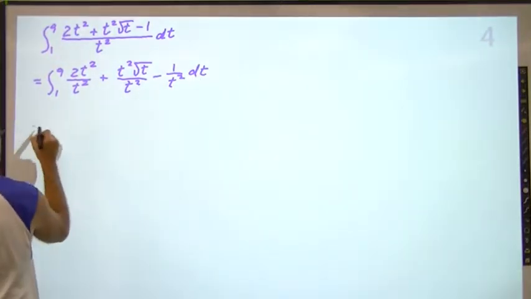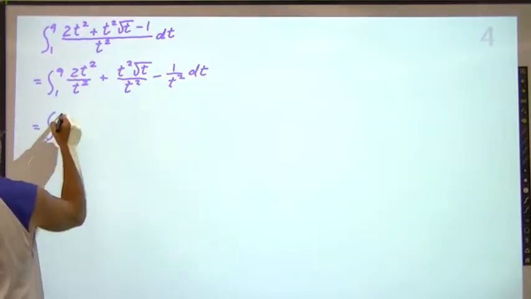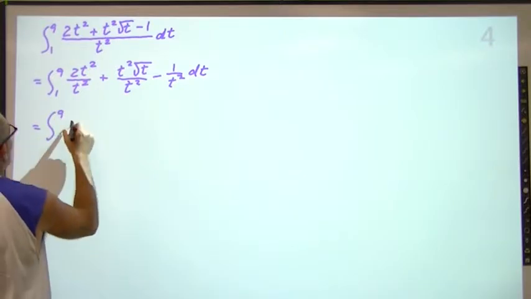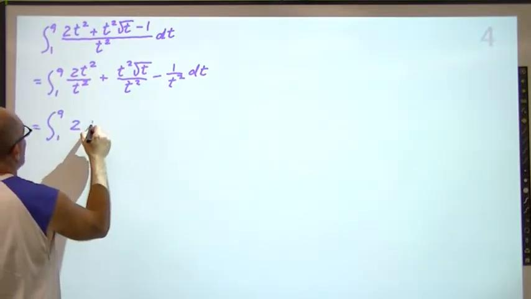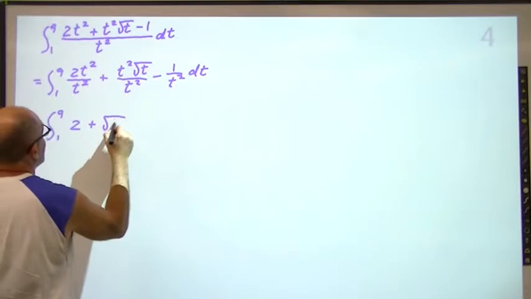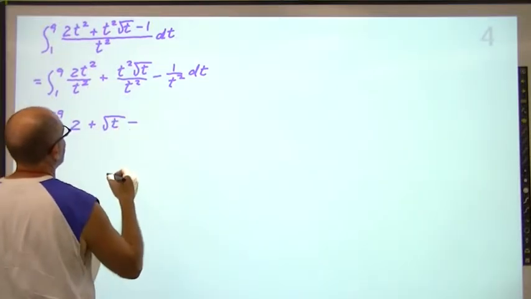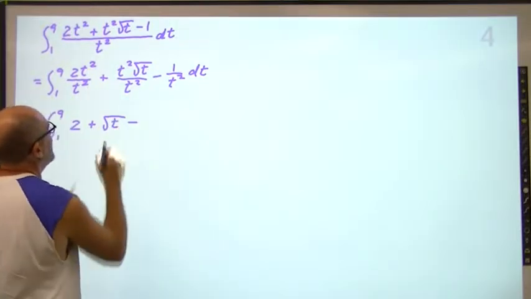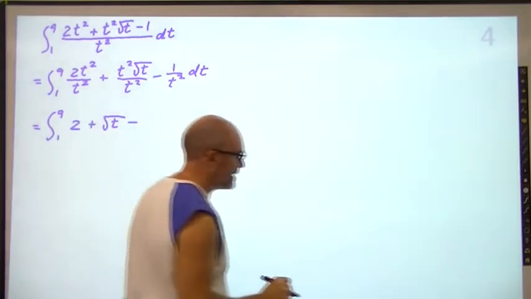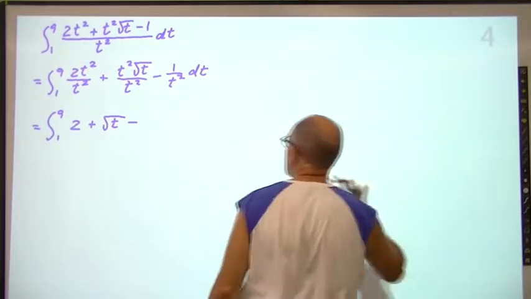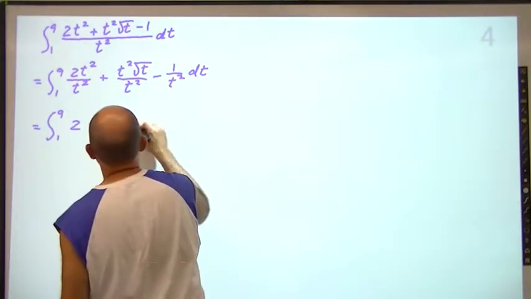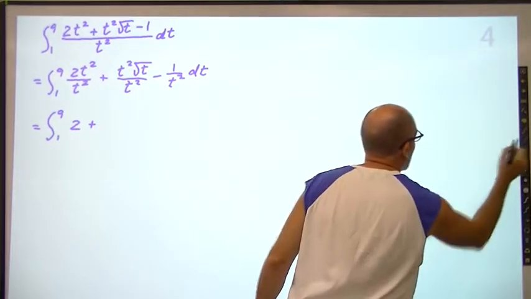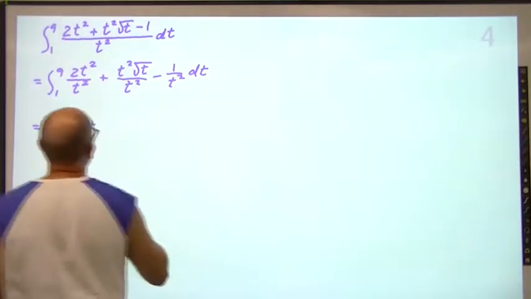Now I could simplify this, so this becomes the integral from 1 to 9 of 2 plus square root of t minus, instead of saying square root of t, let's go with t to the 1/2. That's going to make it easier to integrate.